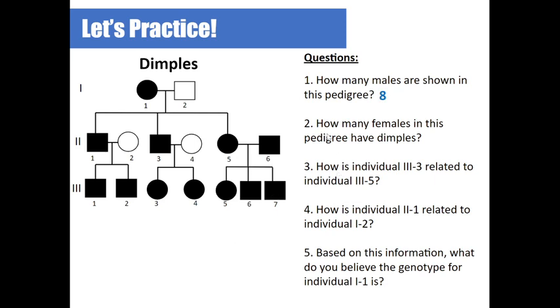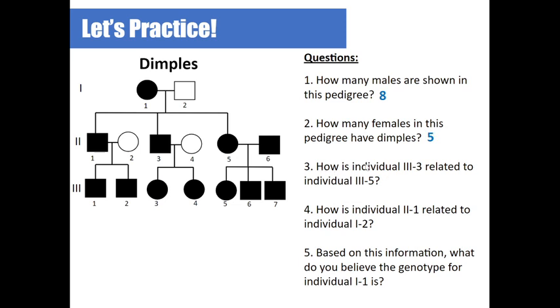Number 2, how many females in this pedigree have dimples? Now remember, females are circles, and if they have it, their shape is going to be shaded in. So 1, 2, 3, 4, 5. We have 5 circles shaded in, so we have 5 females who have dimples.